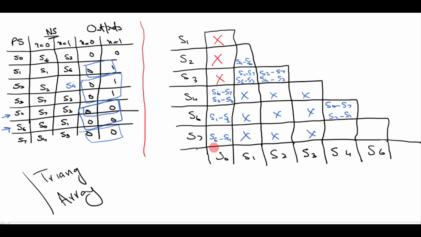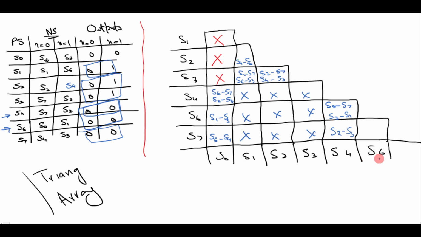Similarly, for S4 and S7, outputs are the same. These states can be equivalent if S4 and S7 are the same, which are under observation. So I am not writing here. And for these states, when input is 1, S3 and S2 are equivalent.